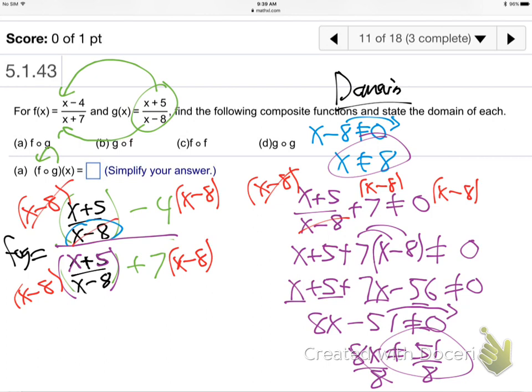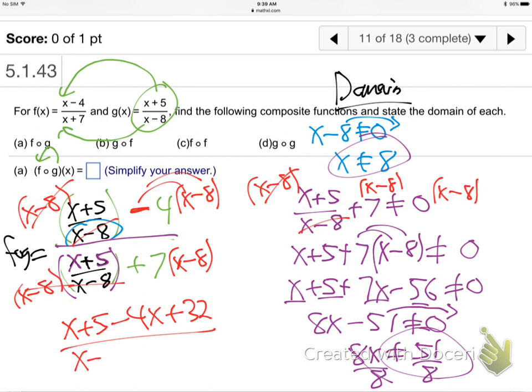X minus 8's cancel. What do we get here? We get x plus 5 minus... Oh, and I'm going to distribute that minus 4 through right now. Watch out, that minus 4, it's easy to lose the minus sign. Remember, that minus is on that 4. So minus 4x plus 32 over, on the bottom, x minus 8's cancel.